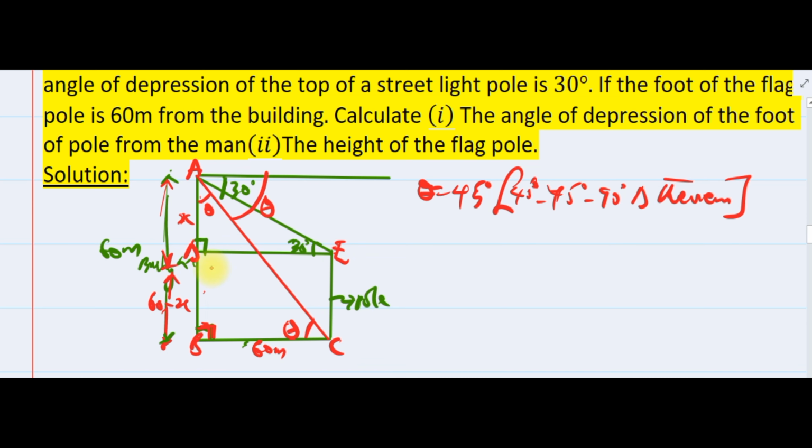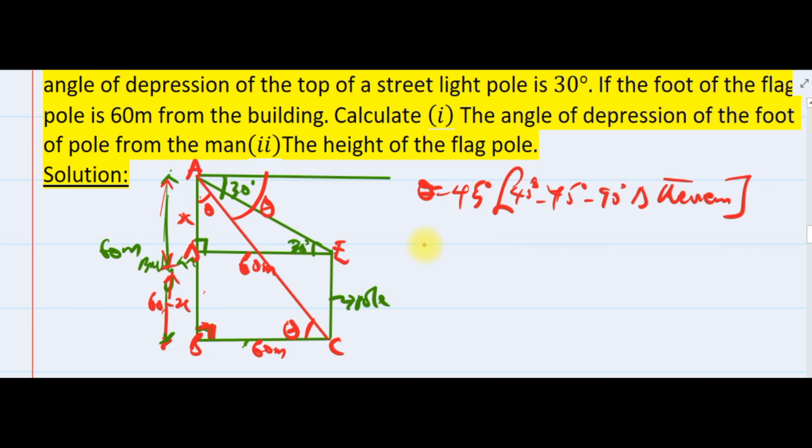So let's calculate that. The first value we get here is x, using this triangle ADE. If you notice, this is 30, so we can use our 30, 60, 90 triangle theory. Remember, here is 60, and here should also be 60.